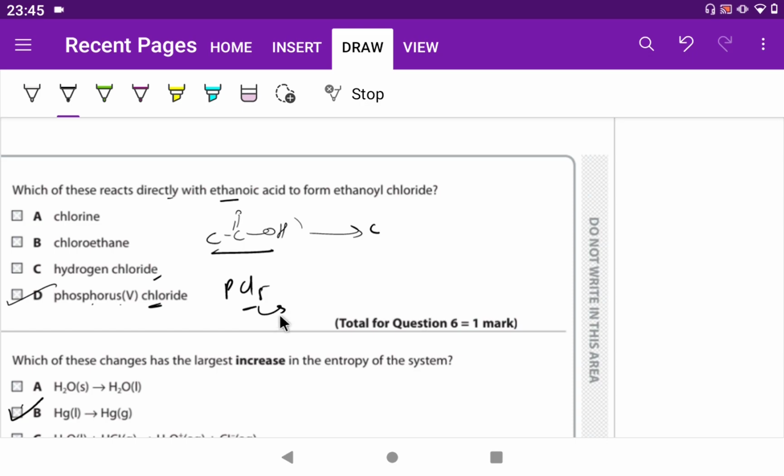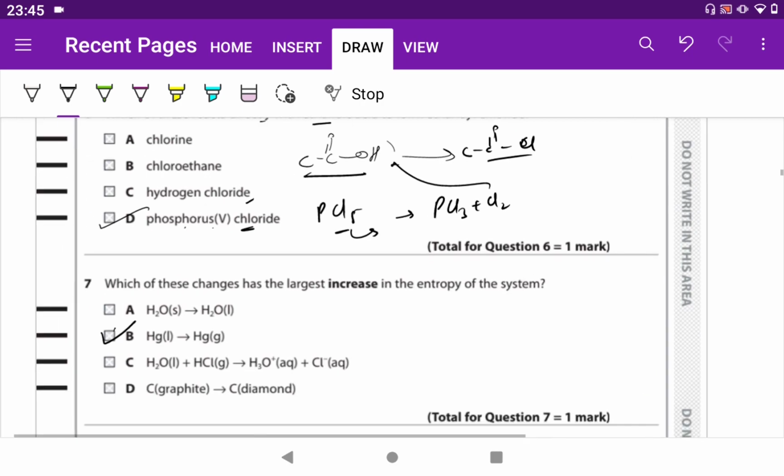It's a source of chlorine. It breaks down into PCl3 and Cl2, so therefore it can react and make this compound.